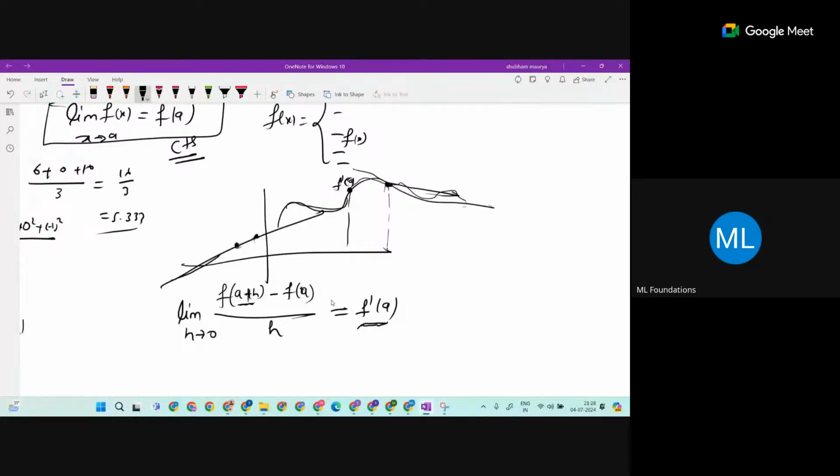Many functions have standard derivatives. Suppose you have x to the power n; its derivative is n times x to the power n minus 1. For e to the power x, the derivative is just e to the power x. For log with base e, the derivative is 1 by x. For sine, the derivative is cos x. For cos, the derivative is sine x.